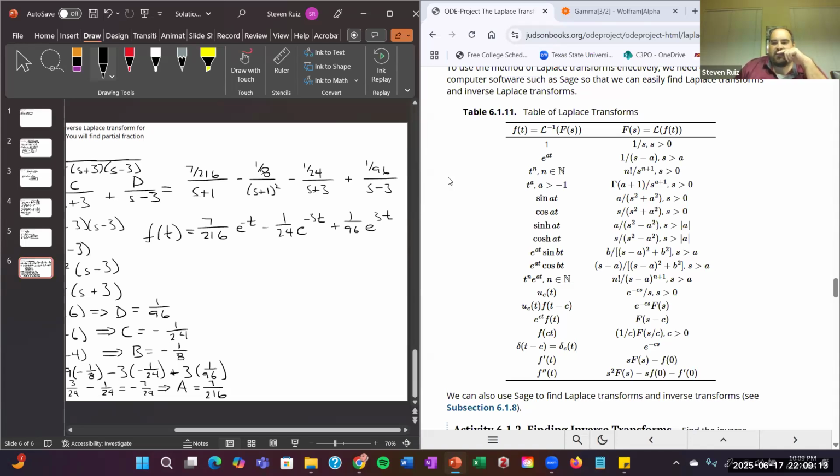So how do I deal with s plus 1 squared? Do I see that anywhere? S plus 1 squared in the denominator. I don't see anything with the quantity squared, so we might have to do some manipulation here, and that's okay.